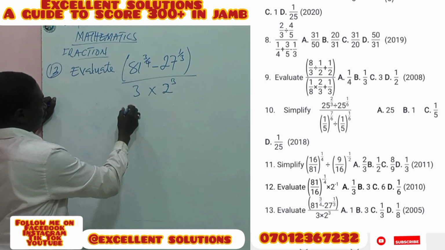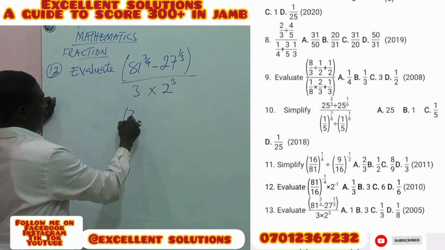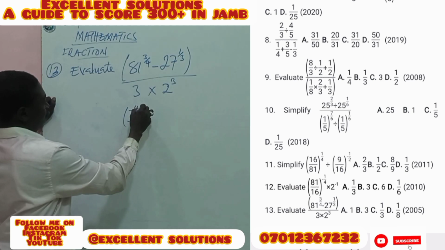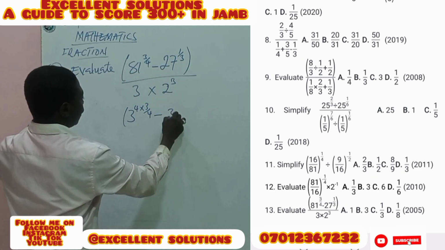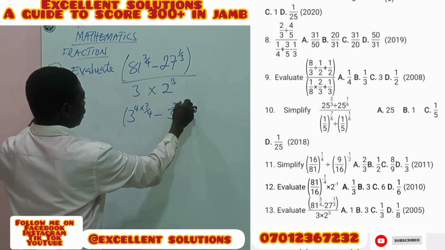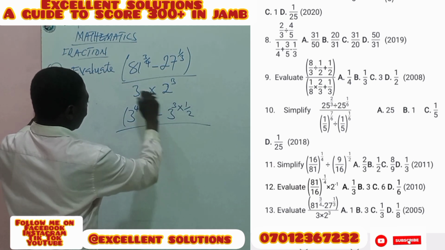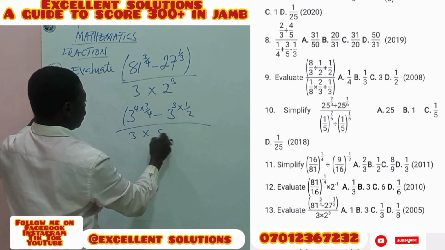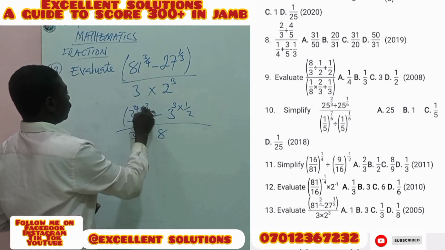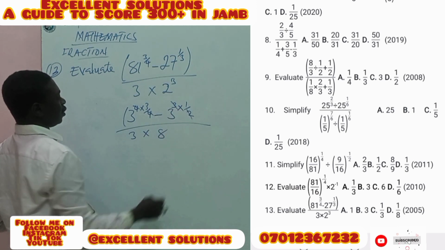So we now have, this is the same as 3 raised power of 4 times 3 upon 4, minus 27 is the same as 3 raised power of 3 then times 1 upon 3, over 3 times 2 raised power of 3 is 8. So if we now look here, 4 cancels 4, 3 cancels 3.